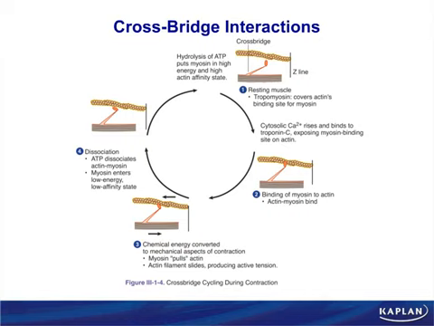So one of the roles of ATP here is to bind to the myosin. Once it's bound to actin, it will bind the myosin and split. It will dissociate actin and myosin. And it will put myosin into a low energy, low affinity state. So one of the roles of ATP, dissociate actin and myosin.